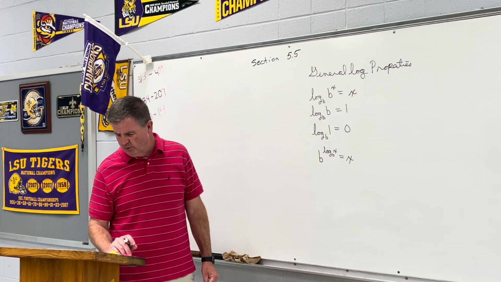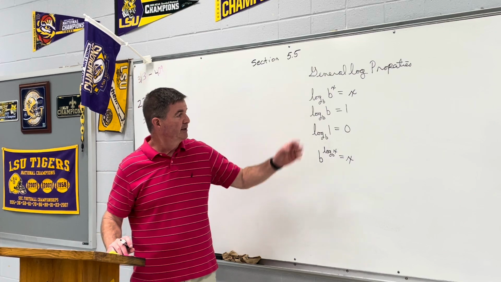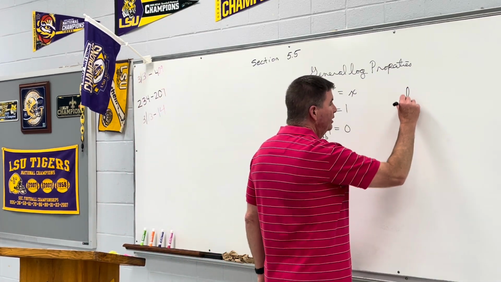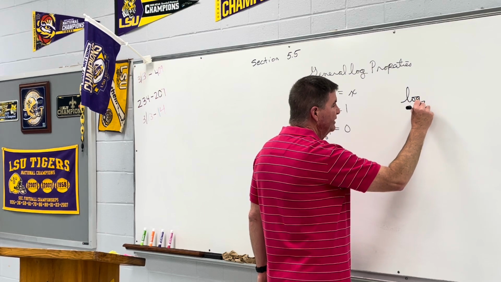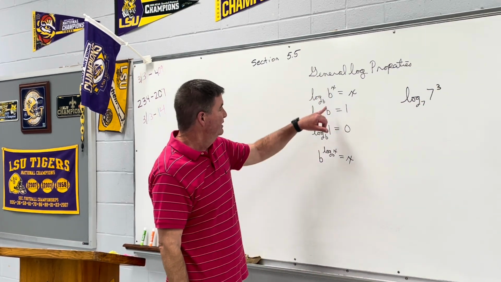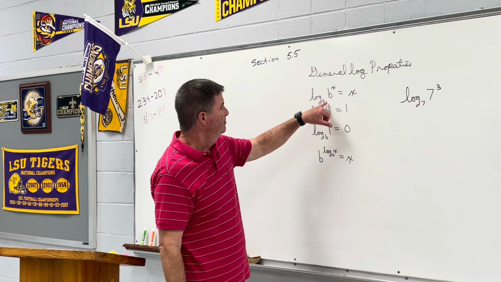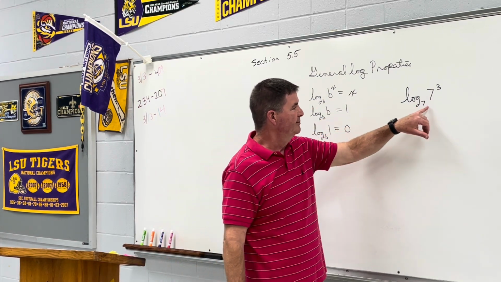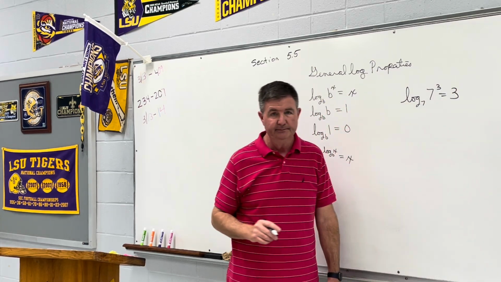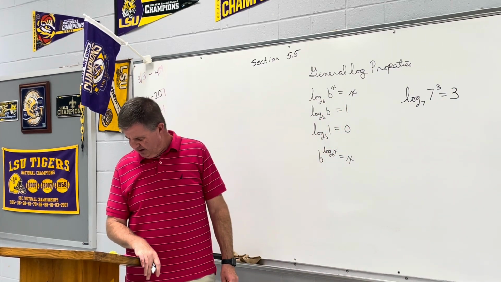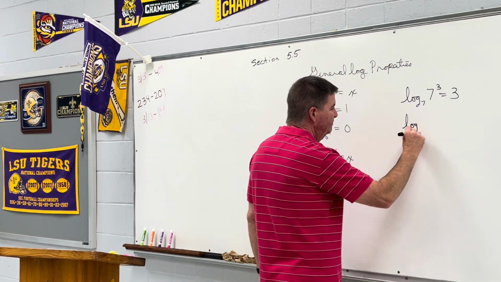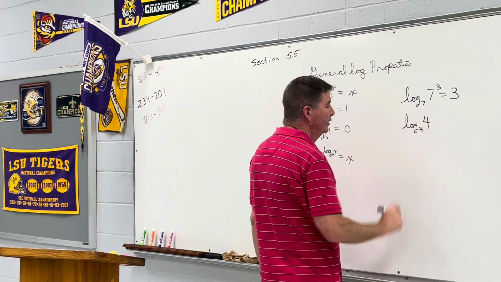In example number 1, we're going to show examples of this. Suppose I have log base 7 of 7 to the third power. That would be an example of the first one. The bases are the same number, so therefore the answer is 3. Suppose we have log base 4 of 4.